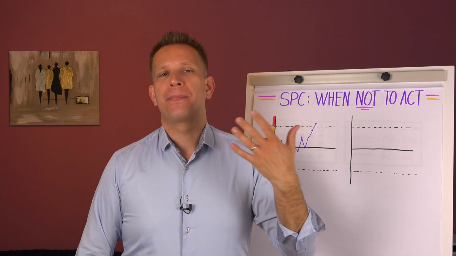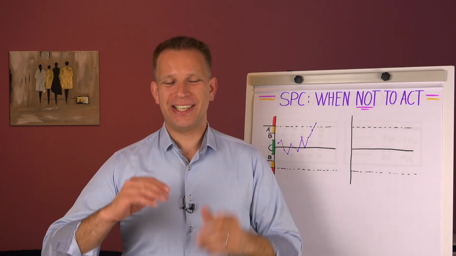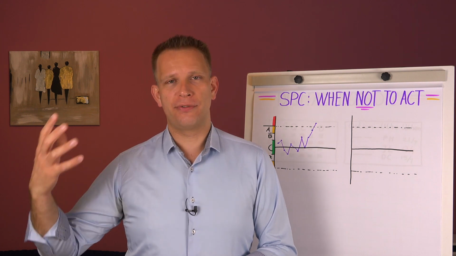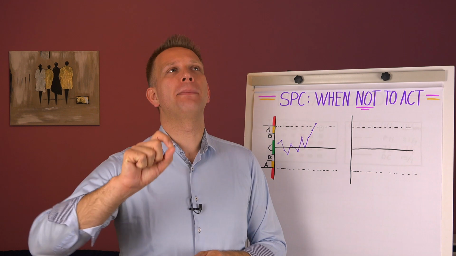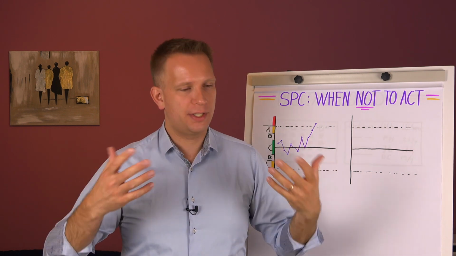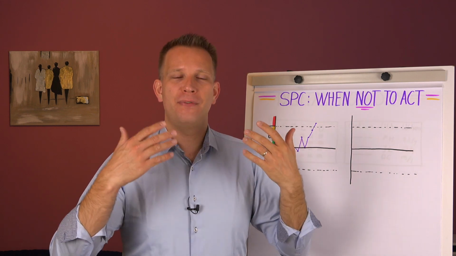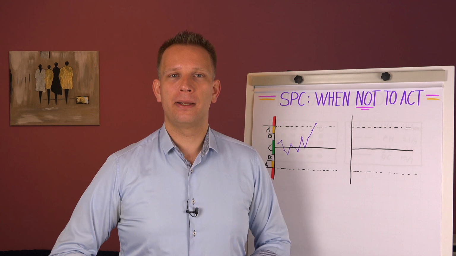Now, with the statistical process control, we use statistics and specifically the normal distribution and the idea that any process, even if you keep the inputs the same, will have some noise, some naturally occurring variation in the output. And we're going to find that variation.